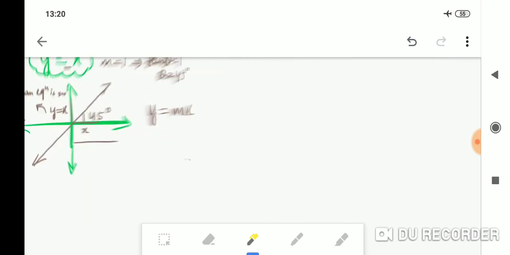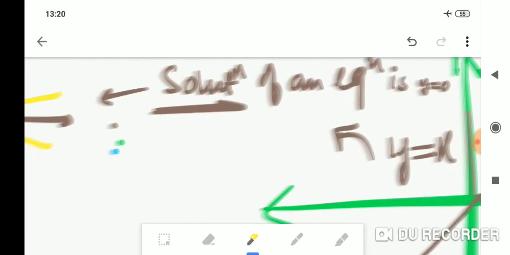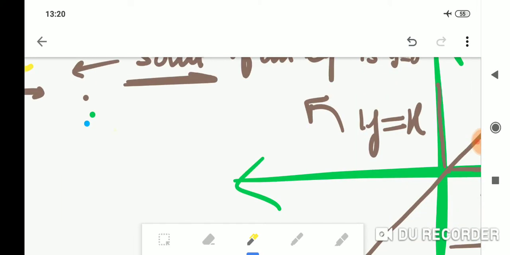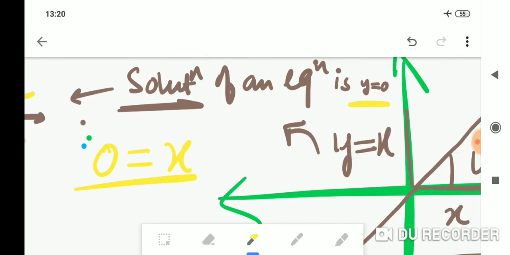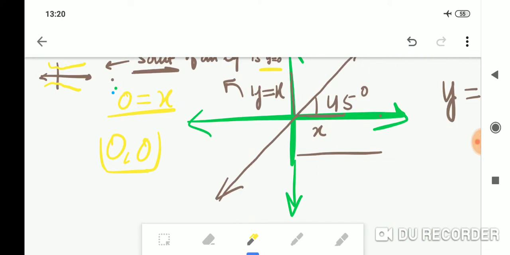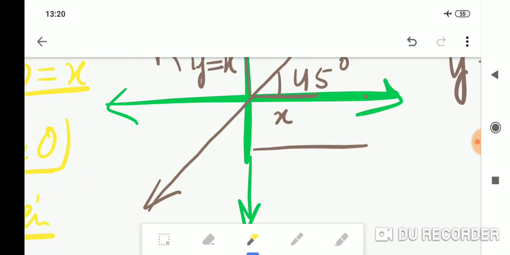Similarly, this always crosses the x-axis. You get it? Putting y equal to 0, we get x equal to 0. The solution is (0, 0). So yes, it passes through the origin.